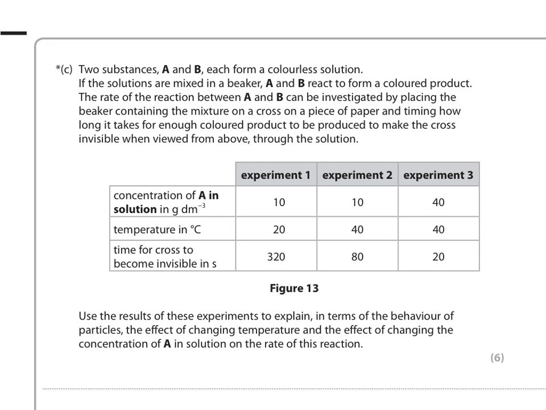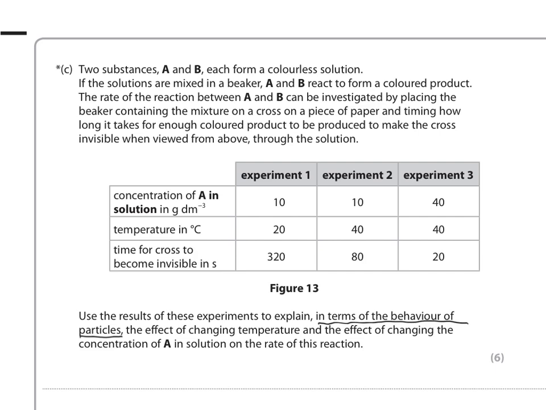Now, it says use the results of these experiments to explain in terms of the behaviour of the particles, the effect of changing the temperature and the effect of changing the concentration of A in solution on the rate of this reaction. Now you got 6 marks for this, and I split those 6 marks up into 3 separate areas.